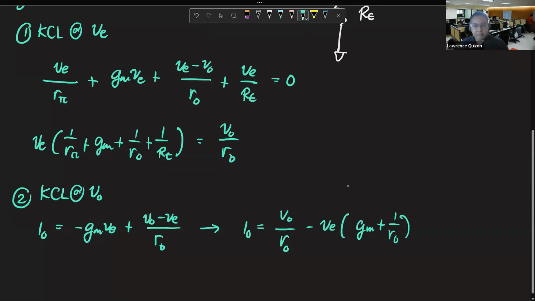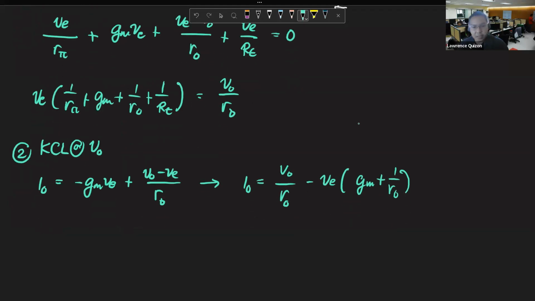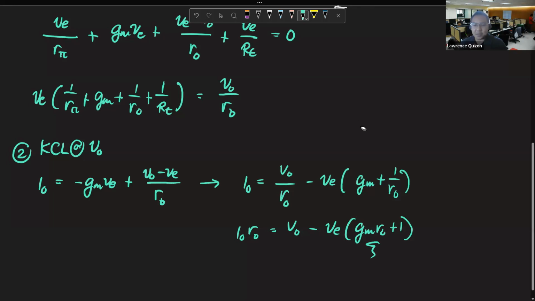I'd like to clean this up. So, I out times R out is equal to V out minus VE times GM R out plus 1. And we find the intrinsic gain here, which is kind of good. Then this one, I'd like to transform it as well. Actually, let's not transform it for now.